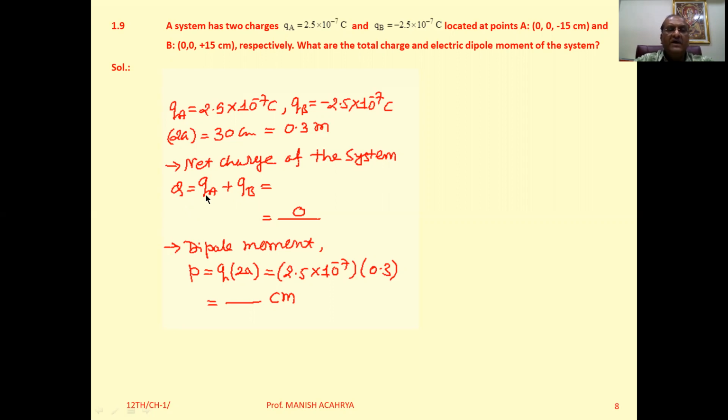So capital Q, that is QA plus QB, will be equal to 0. Okay. Then the dipole moment P, that is Q into 2A. So substitute the value 2.5 into 10 raised to minus 7 into 0.3, then solve it, your answer is this much coulomb into meter. Clear?